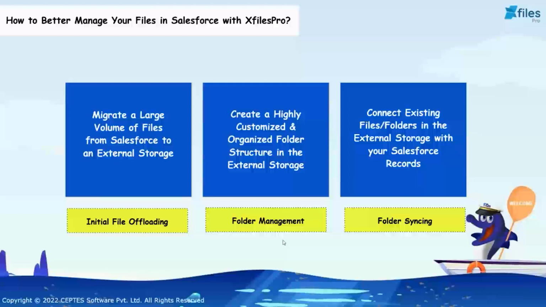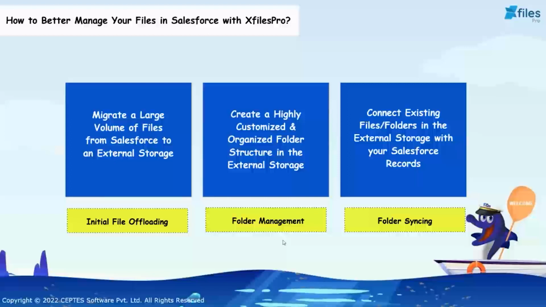Now, let me tell you how you can better manage your files through Xfiles Pro. The basic necessity is to first understand the number of files that you want to migrate initially to any external storage, whether it's AWS or SharePoint or any other external storage. You can do this by checking your file storage setup. Once you check it, you would understand the amount of files that you want to migrate.